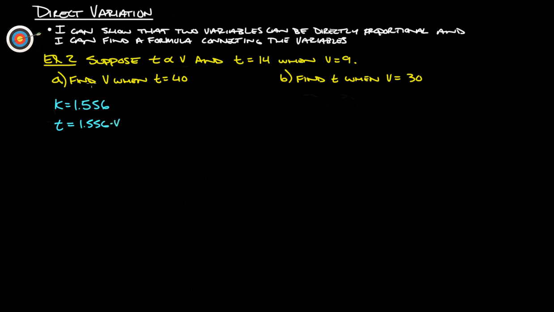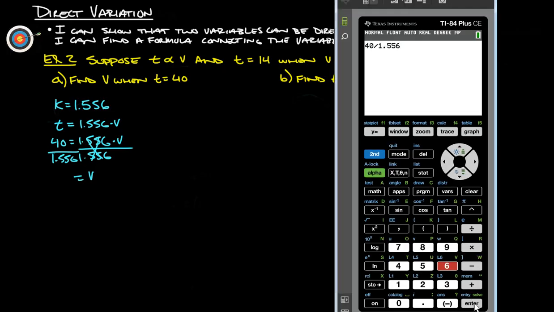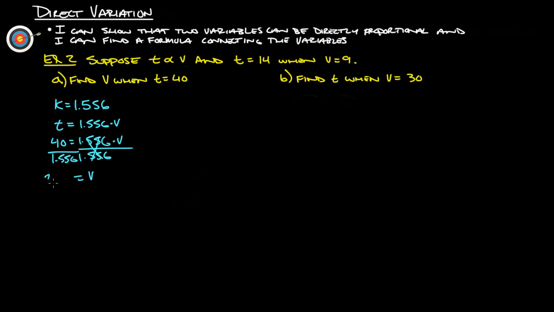We have t equals 40, so 40 equals 1.556 times v. To get v by itself, we divide both sides by 1.556. So 40 divided by 1.556 gives us 25.7.